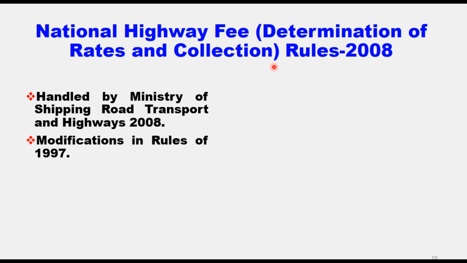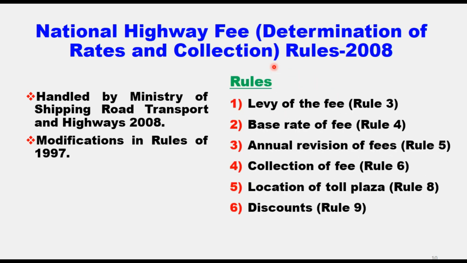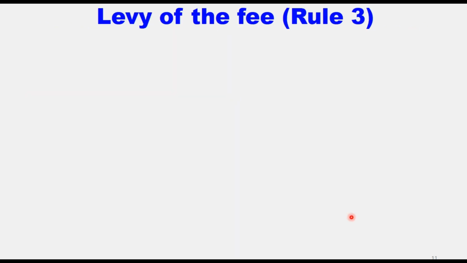The different rules are rule number 3, the levy of the fee, rule 4, base rate of fee, rule 5, annual revision of fees, rule 6, which tells the procedure of collection of fee, rule 8, which indicates the location of toll plaza, and rule 9, which provides some provision for discounts.